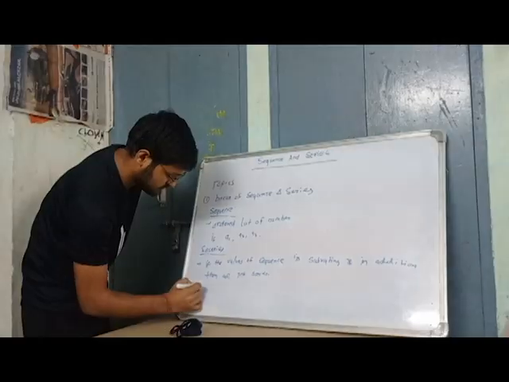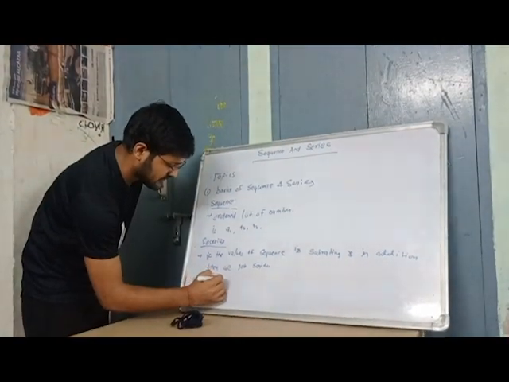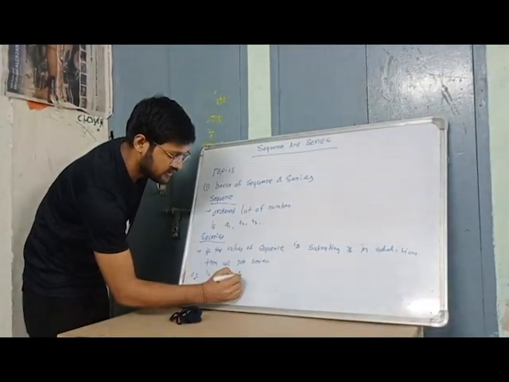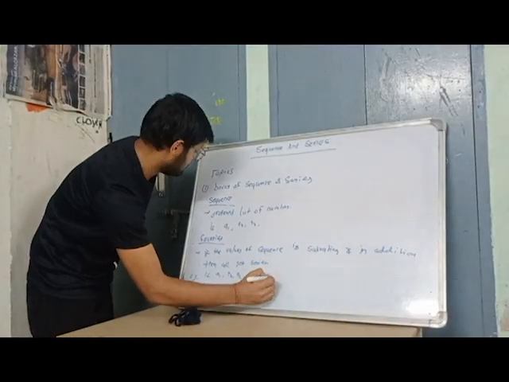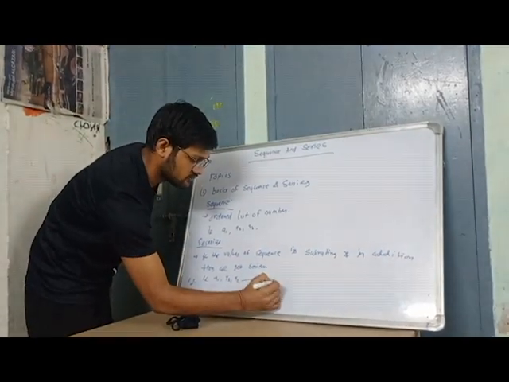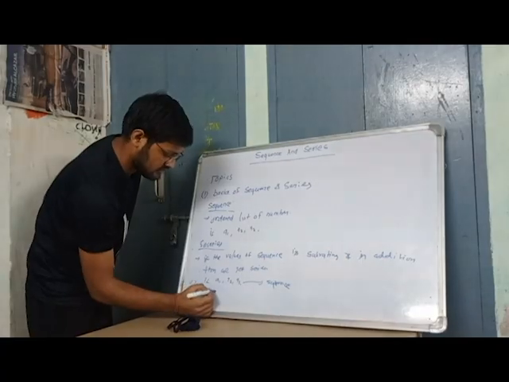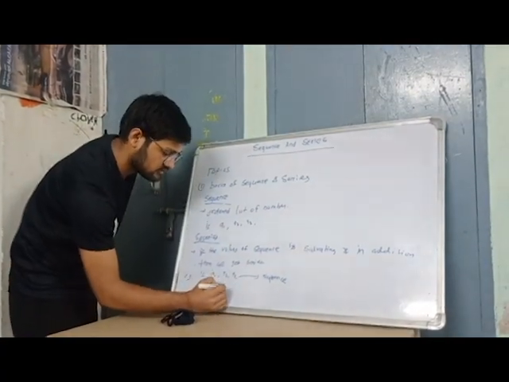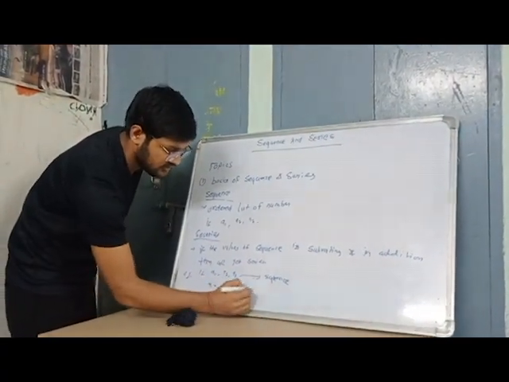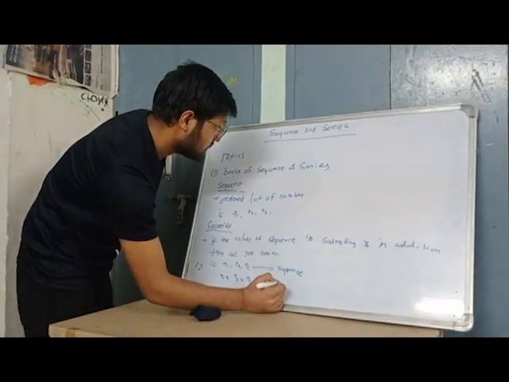For example, if a1, a2, a3 is called a sequence, then a1 plus a2 plus a3 is called a series.